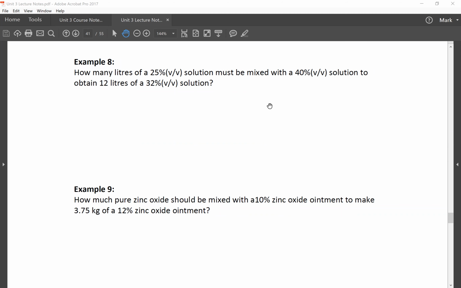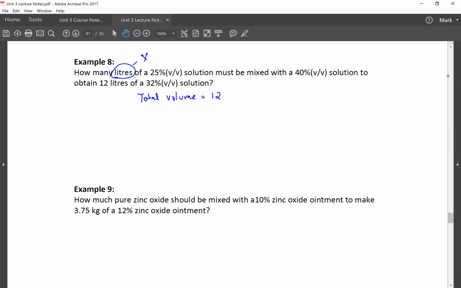First things first, for the mixture of this solution, I'm missing two numbers. I'm missing two volumes. So I'm going to say that the volume of the first solution will be X. I don't know this number, but I also don't know the other number. But what I do know is that the total volume must be 12.